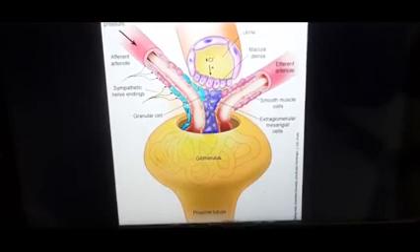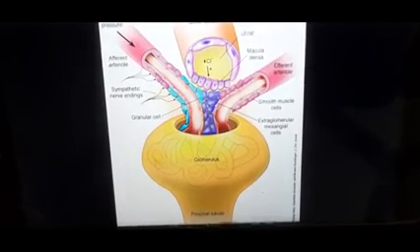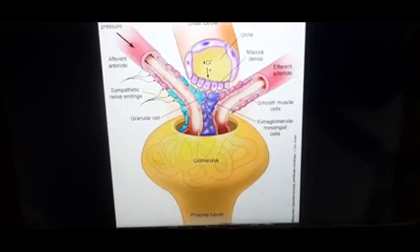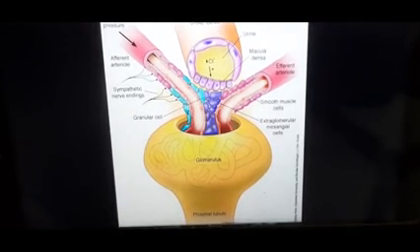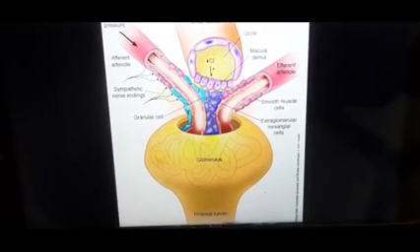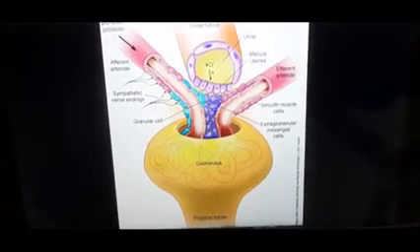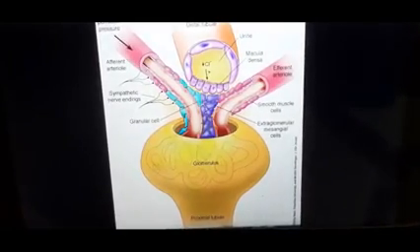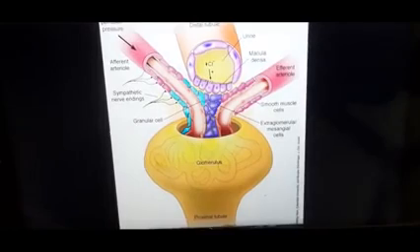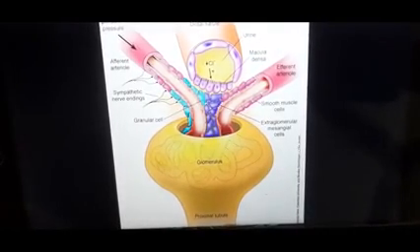That hormone is released from the posterior lobe of the pituitary gland, and when the osmoreceptors in the hypothalamus detect an increase in osmolarity of blood and interstitial fluid, then the ADH hormone is released.